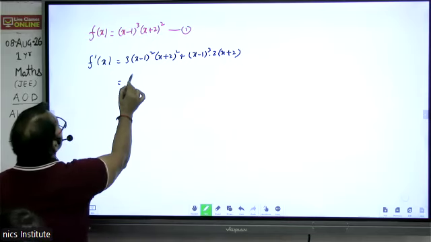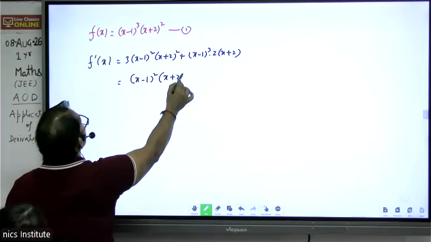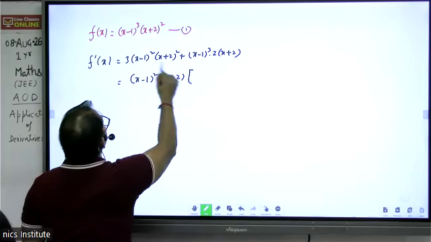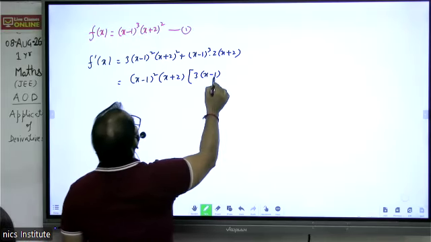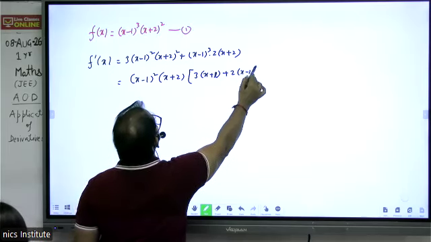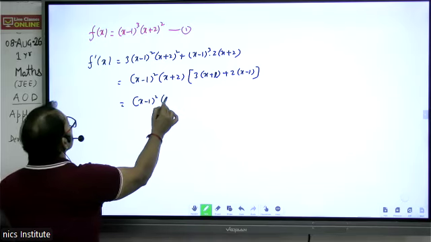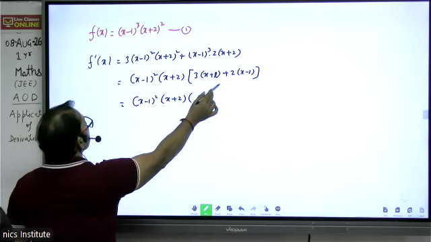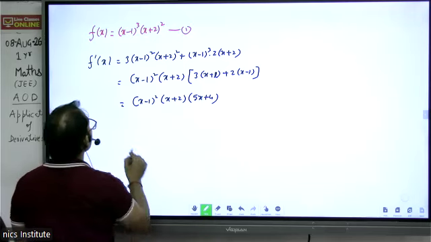Take common. (x minus 1) whole square is common. (x plus 2) is also common. And after solving this, क्या आ रहा है ये ब्रैकेट में? (x minus 1) whole square, ये वाला क्या आ रहा है सॉल्व करके? 5x plus 4. Right, so that's your derivative.